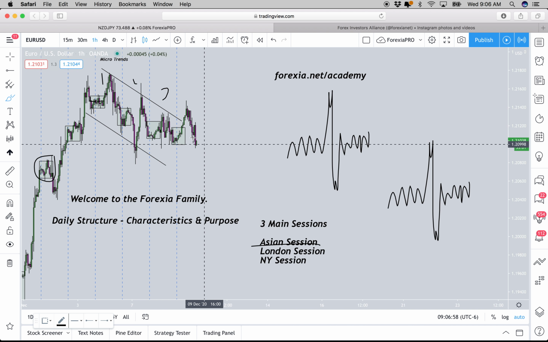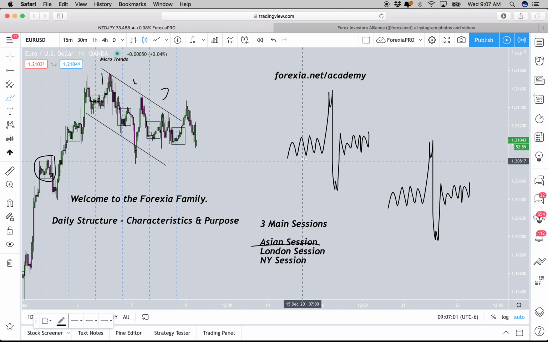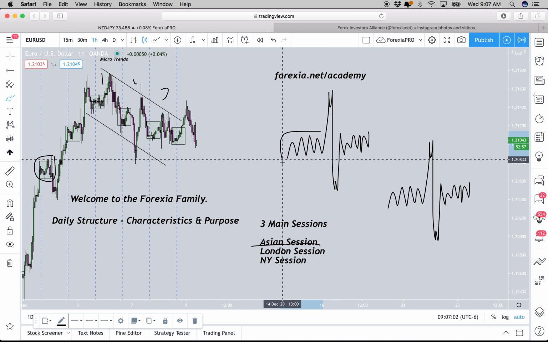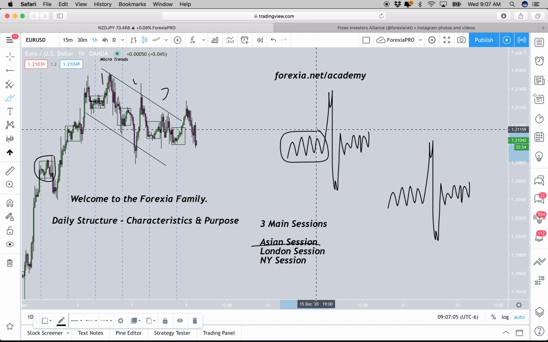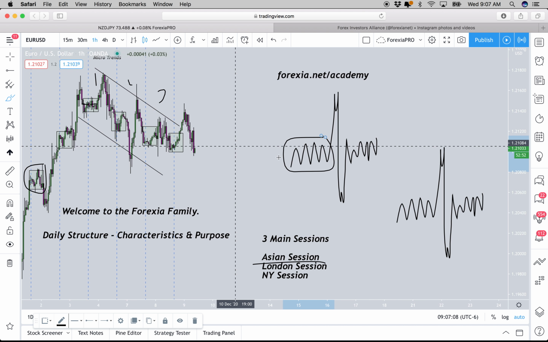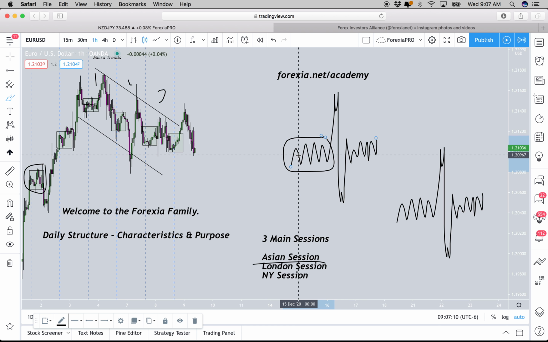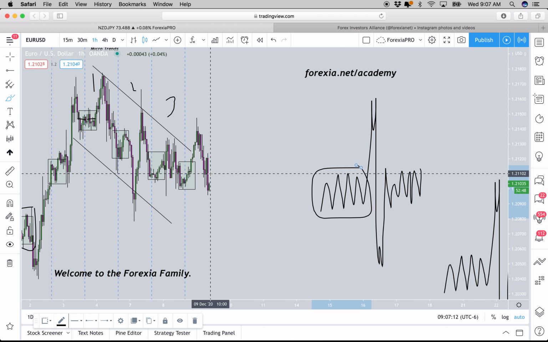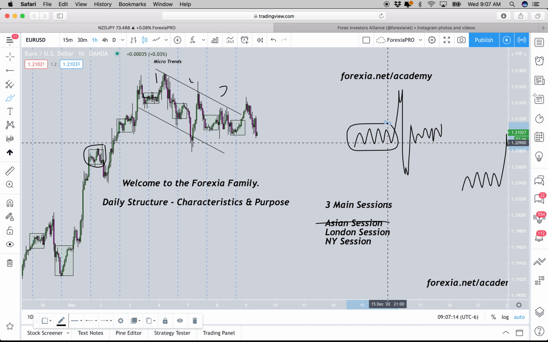This is the Asian session characteristic right here: consolidation. Like I said, the consolidation can last anywhere from 10 plus hours, 10 to 15 hours.